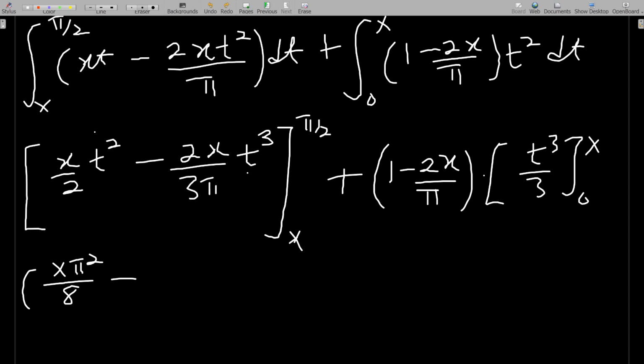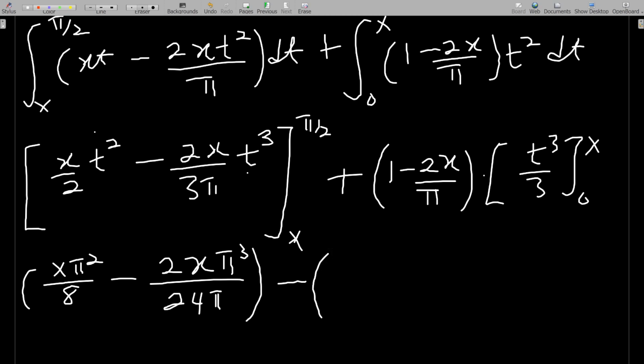And pi cubed over 8 times the whole of this will give me 2x pi cubed over 3 pi times 8, and that will give me 24 pi. That's for the first, putting pi over 2 in.